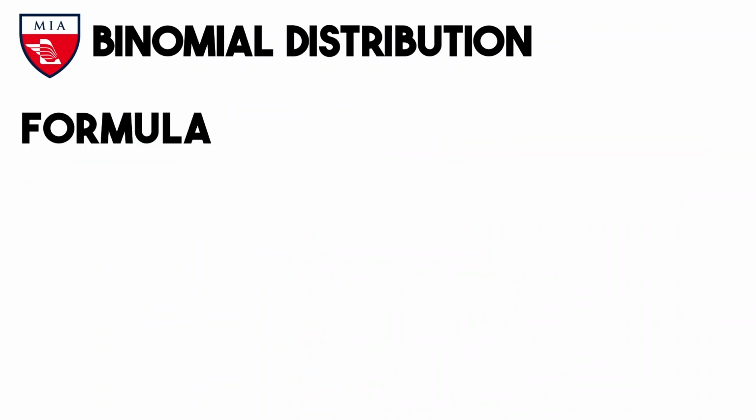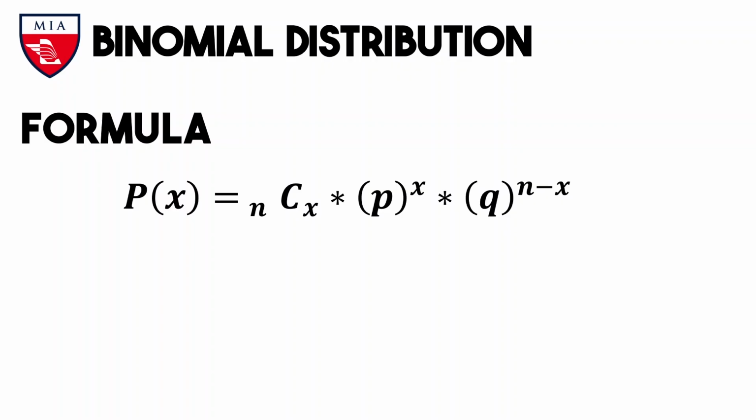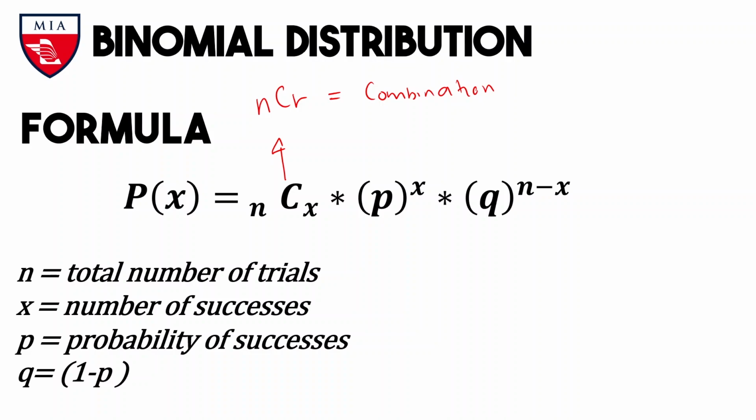So the formula for binomial distribution is the probability of x is equal to nCx, wherein this nCx is also the same as nCr, our combination, multiplied by p raised to x, multiplied by q raised to n minus x, wherein n is the total number of trials, x is the number of successes, p is the probability of successes, and q is the probability of failures.